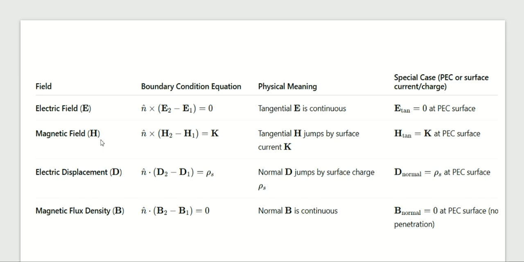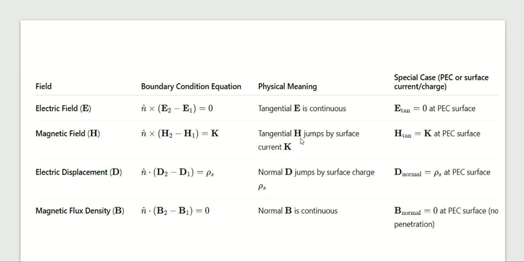For the magnetic field intensity, we're not talking about the flux here, we're talking about the intensity, or the strength, of the magnetic field. Same format you're seeing here: the unit vector n crossed with the difference between the magnetic field strengths equals K, and K in this case is the surface current.